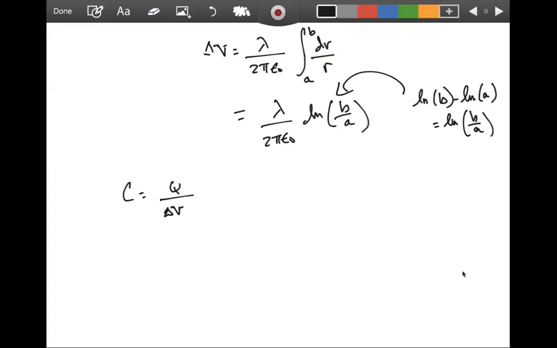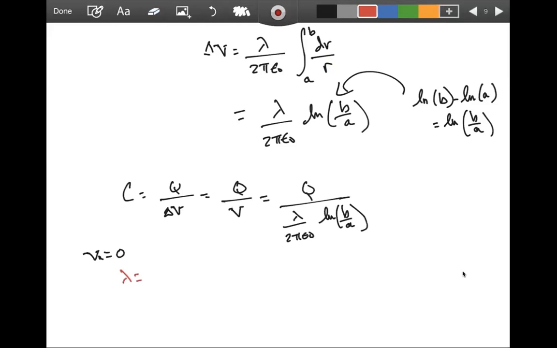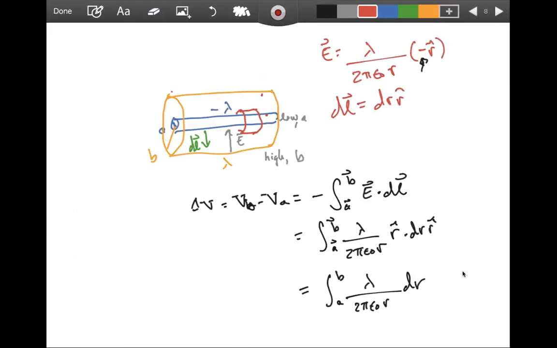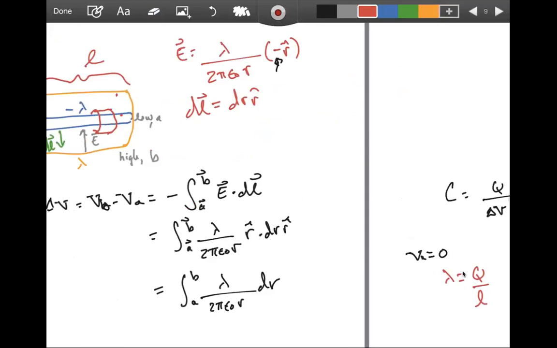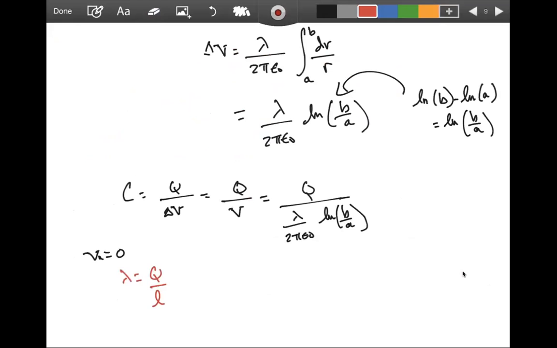If I call VA equal to 0, then this is simply the same thing as Q over V. So plugging that in, this is Q divided by lambda over 2 pi epsilon naught times the natural log of B over A. And you might say, aha, it depends on Q. But remember that lambda is the charge per unit length, which in this case, if this guy has a charge Q, and it has a length of little l, as it says in the problem, becomes Q divided by little l. So let's plug that in.